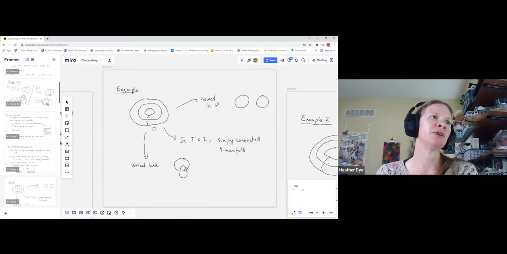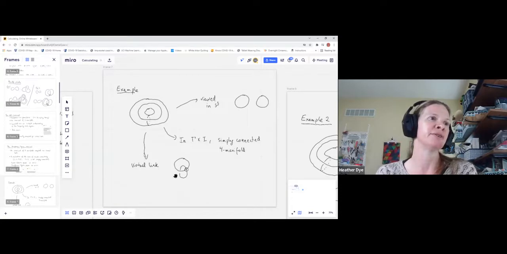If you look at these curves as surgery instructions in the torus cross I, this produces a simply connected 4-manifold, sort of resolving that issue we mentioned earlier.